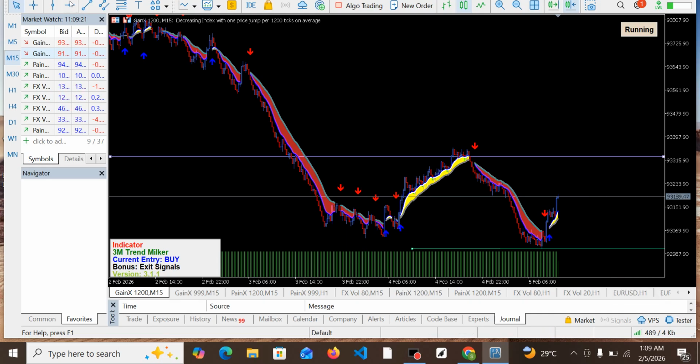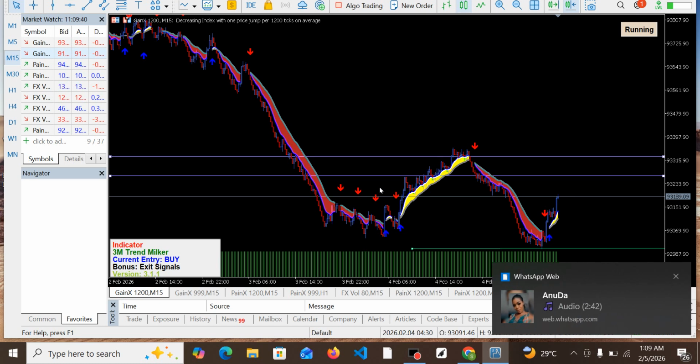Okay, but first, this is the first place which I am expecting it to get to, this area. So if it should break out from here, then it should be getting to this region. So if it's finding difficult to break out from here, then we are most likely to have another deep sell and it will break out from this structure. But for now, it is still buying. Okay, so we should understand that.